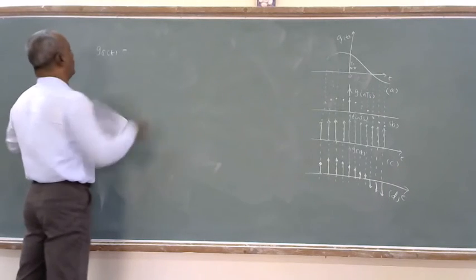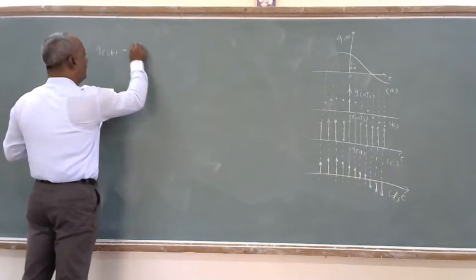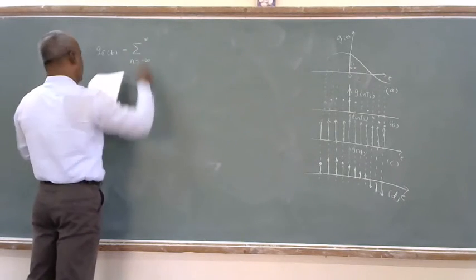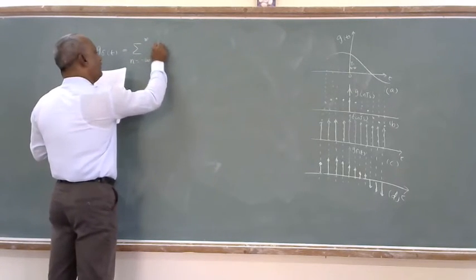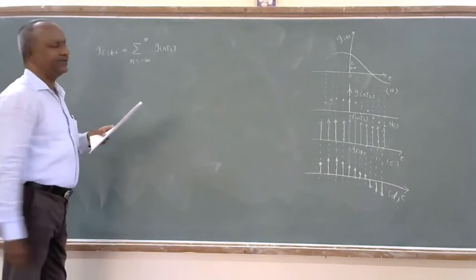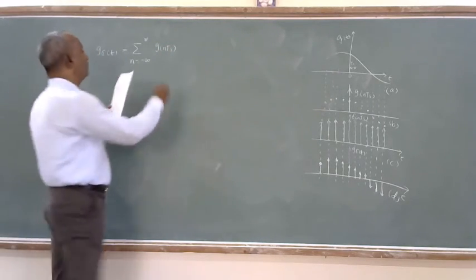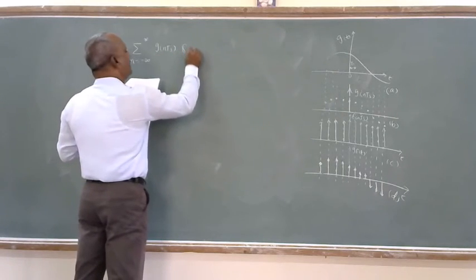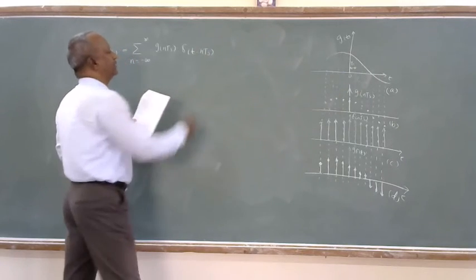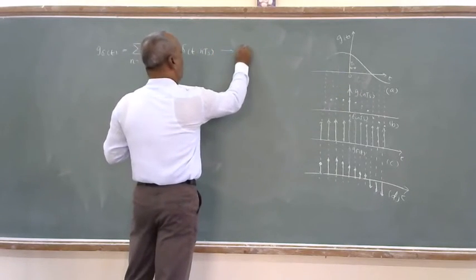It is equal to the summation of n equals minus infinity to plus infinity of z of nTs, that is figure B, z of nTs into delta of t minus nTs. So this is equation number 1.